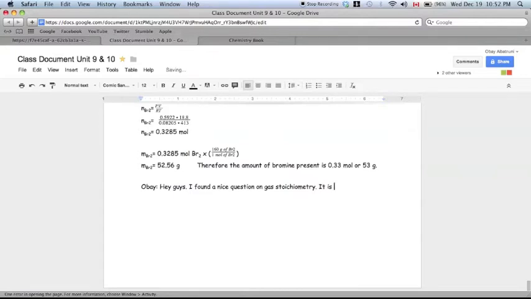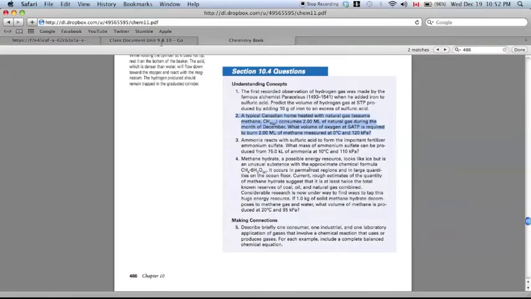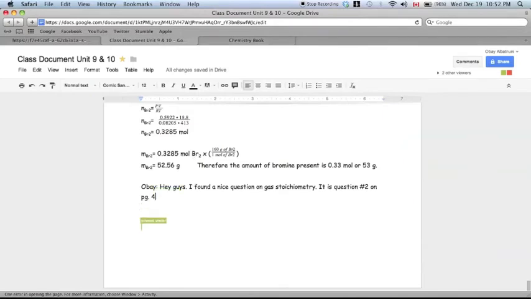It is question number 2 on page 86. I always like to write the number of the question and the page, so if anybody wants to try out the question, they're able to. So I'm just gonna paste that on.